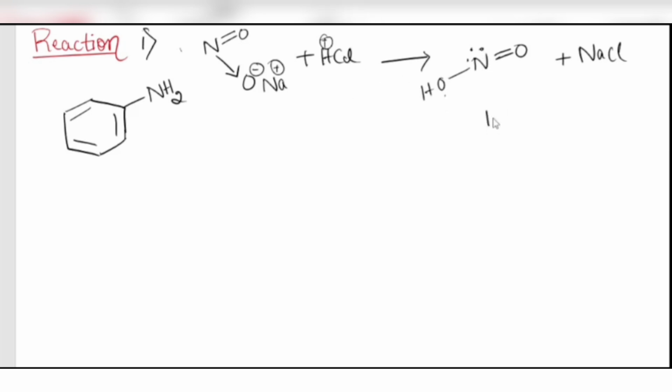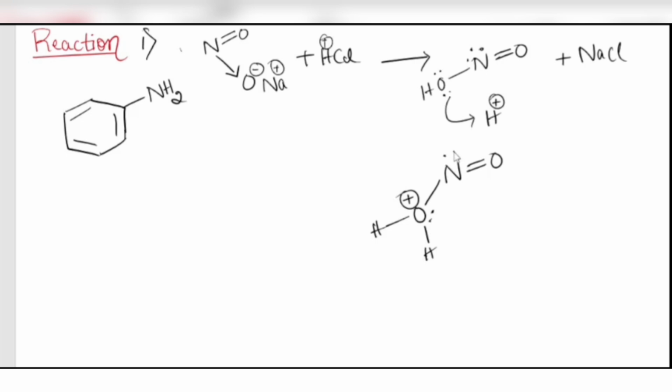That means the lone pair on oxygen will attack this particular proton and it will get protonated as N double bond O, and here O and here H like this.